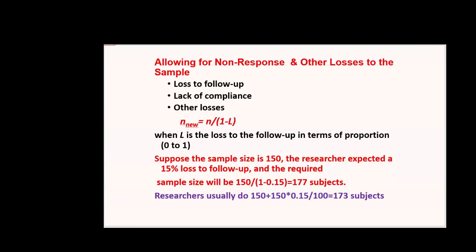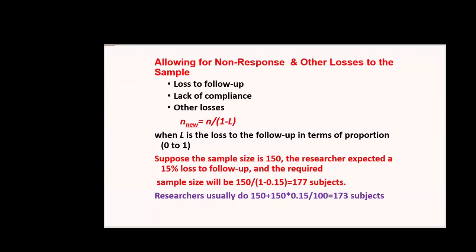So you have to check this one. The sample size accommodated with the non-response is equal to the actual calculated sample size divided by 1 minus the loss to follow-up or non-response. So that formula you have to use for calculating this one.